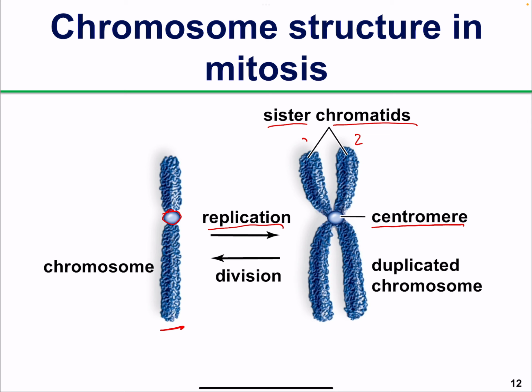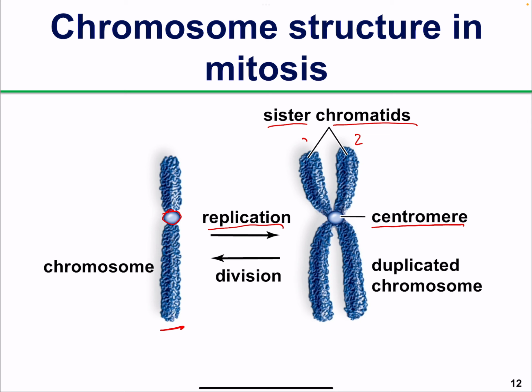When we call chromosomes, we know that we are at the stage of the cell cycle where chromatin is condensed, right? When we call the chromosome sister chromatids, we know that the chromosomes have been replicated, right? And that the two sister chromatids are held together by a centromere, all right?